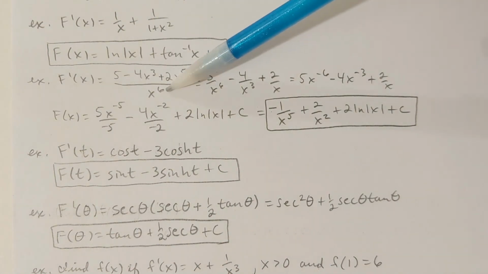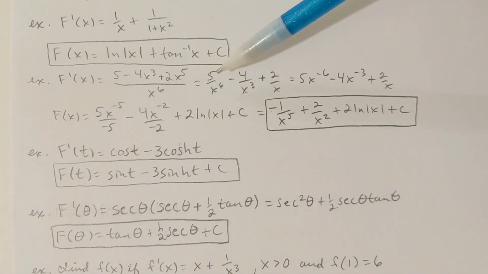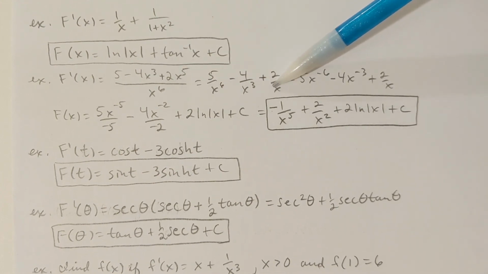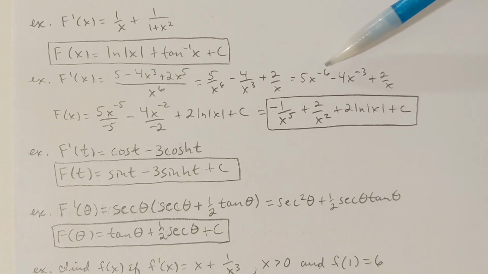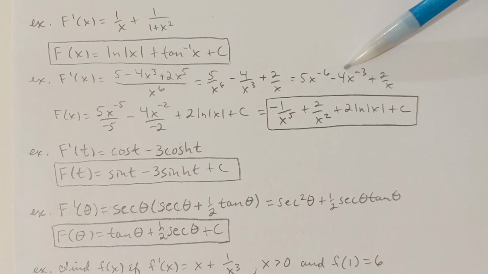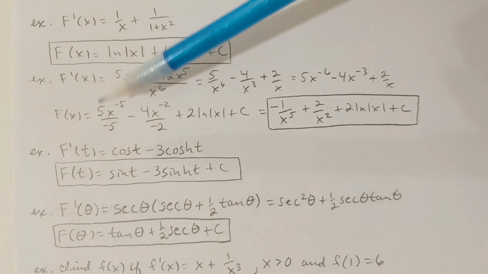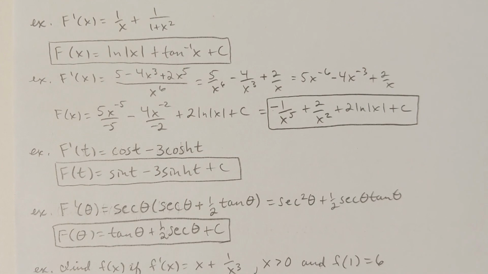If I split this single fraction into 3 fractions, I've done that on the next line. And then I'm going to rewrite these terms so that I can apply the reverse power rule on the first 2. Now I'm ready to go to the antiderivative. The antiderivative of 5x to the negative 6th, well, I'd leave the 5 alone. Now remember, constants can come out of derivatives.